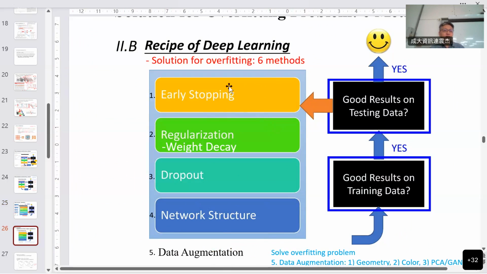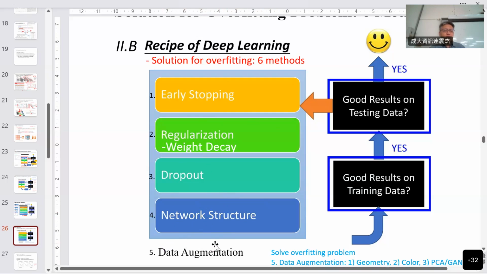We will consider early stop, weight decay, dropout, and trying to design a new network with fewer parameters. Sometimes overfitting is because your data is not enough but your parameters are too many, so you try to design a new network to reduce the number of parameters.